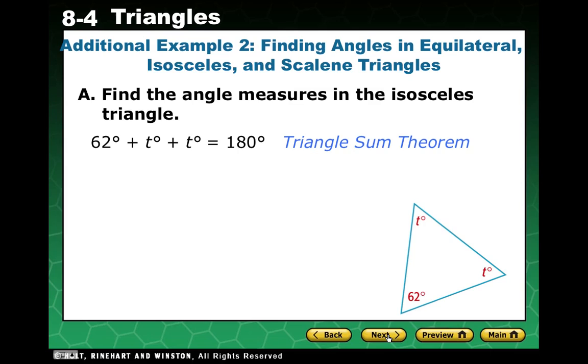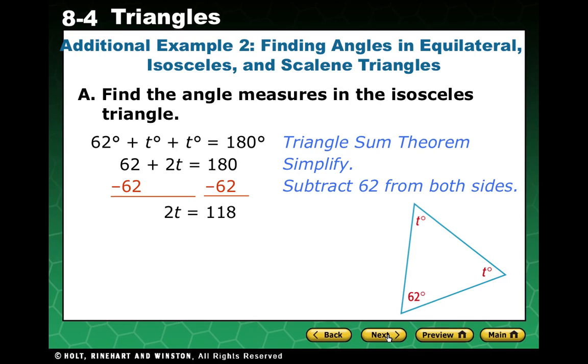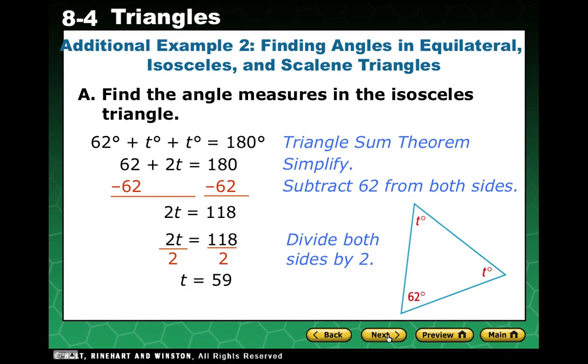So we're going to take 62 plus 2t equals 180. Subtract and then divide. So this means that the angle measure t will be 59 degrees. So we have 62, 59, and 59.